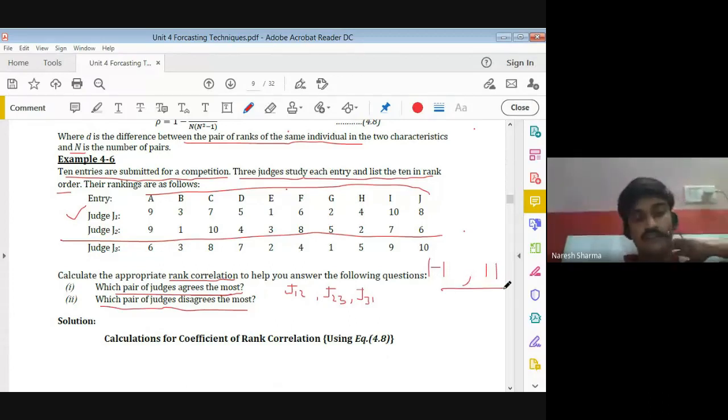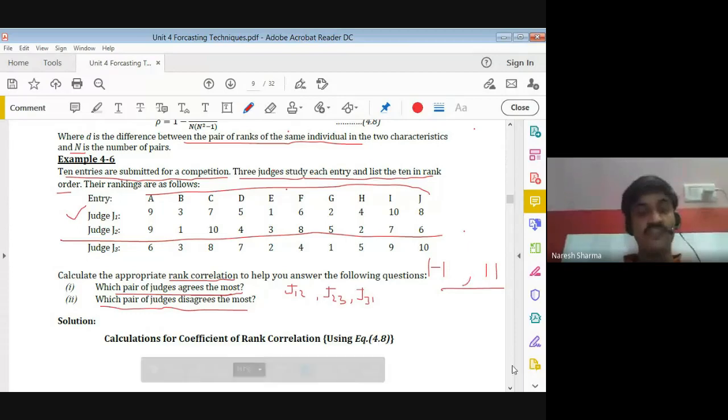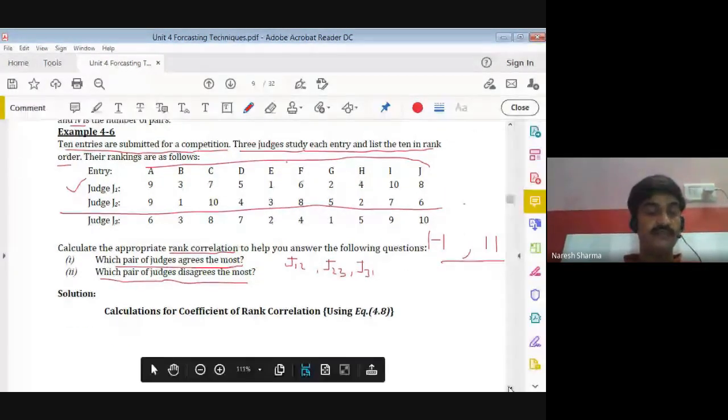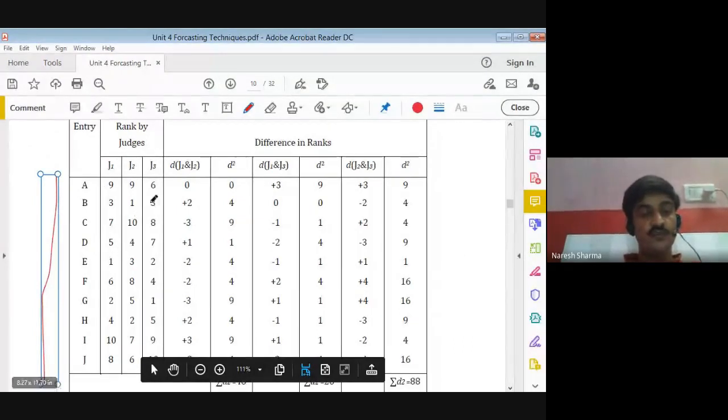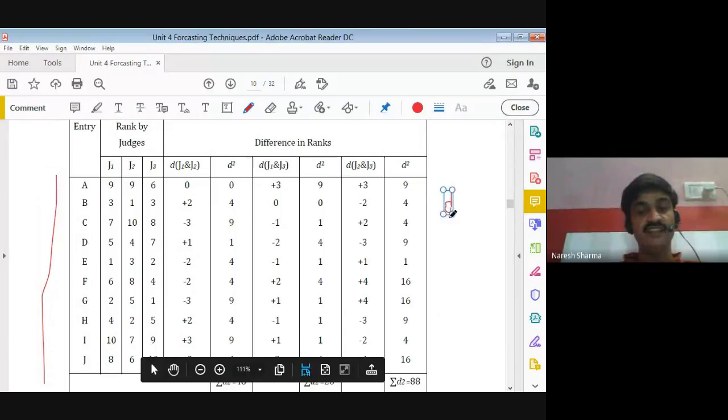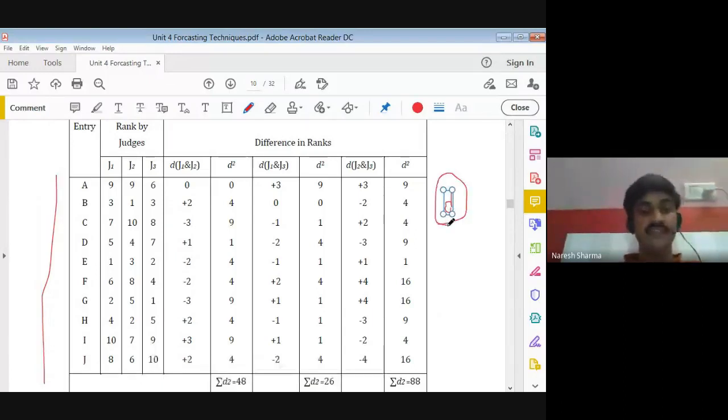First of all, we discuss judge 1 and 2. We write this in the form of entries A, B, C, D, E, F, G, H, and the ranking given by the first, second and third judge. First we need, by the formula, the difference between the rankings, that is d.